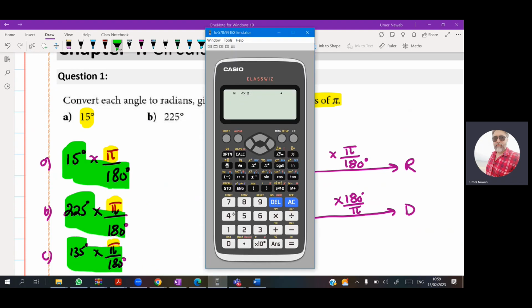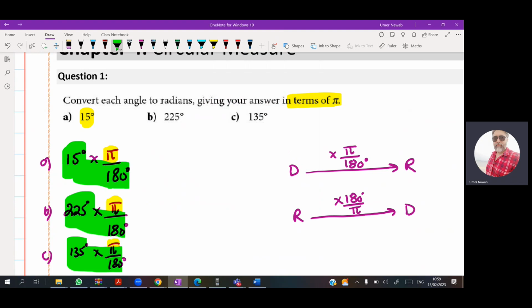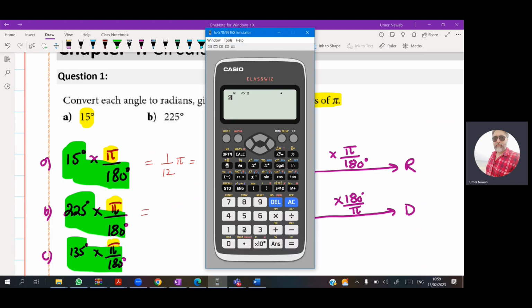So you have calculator, just write fraction 15 over 180, it gives you 1 over 12. So my answer is 1 over 12 along with pi. Some students, they want to write in another form, that can be pi over 12. So both are fine with us. Second one is 225 divided by 180. It gives us 5 over 4.